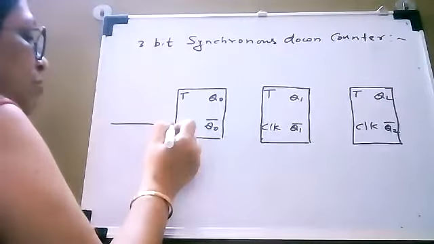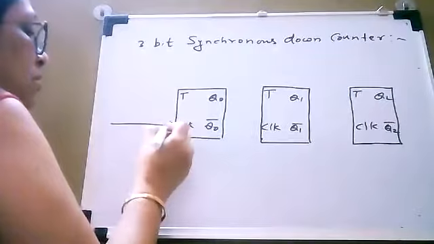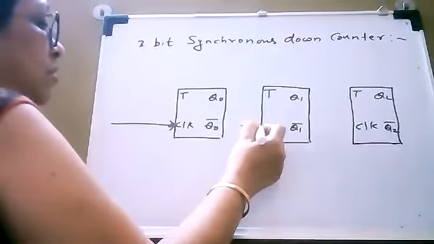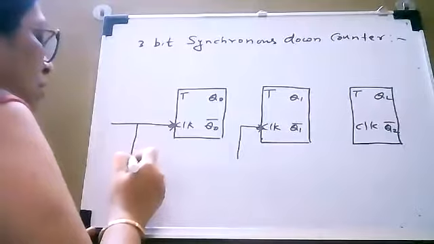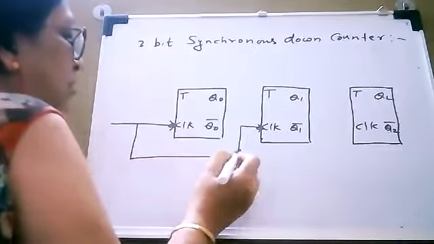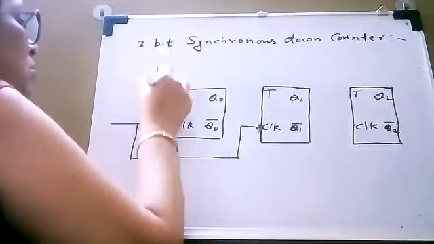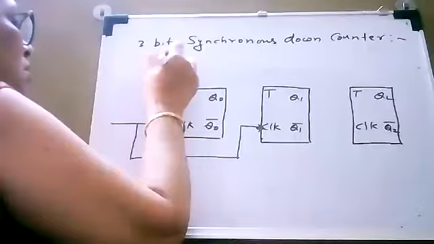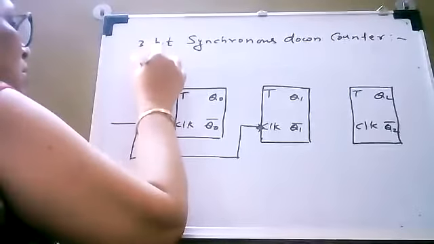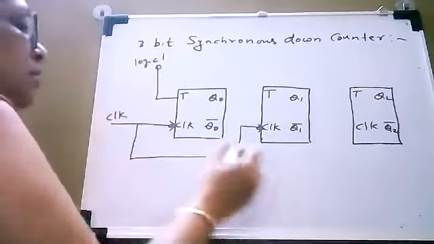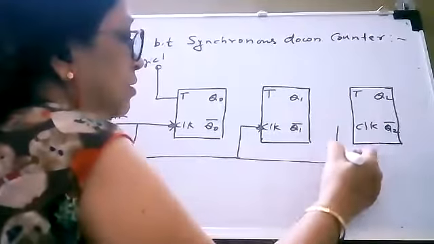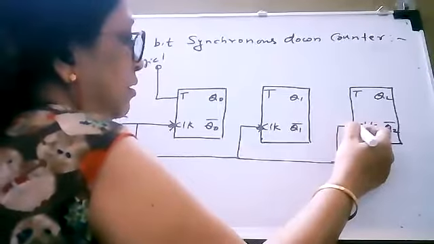Okay. So first of all, what we will do, we will connect all clocks together. So this first T is connected to logic 1. Clock signal is applied here. All clocks are connected together.